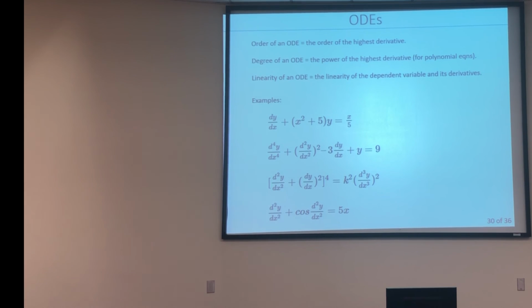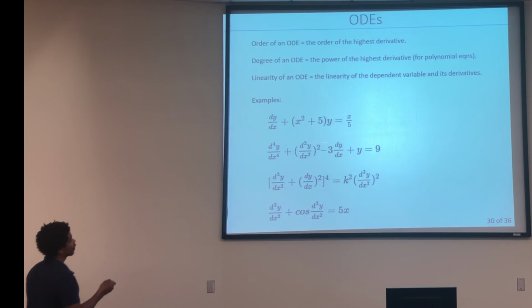Okay, so let's go through a few exercises. For this equation right here, what's the order of this ODE? Yeah, first order. So y is the dependent variable, and x is the independent variable. What about this equation?